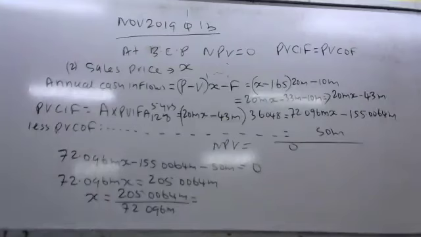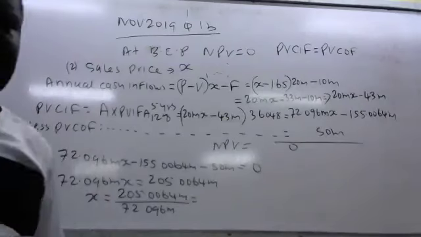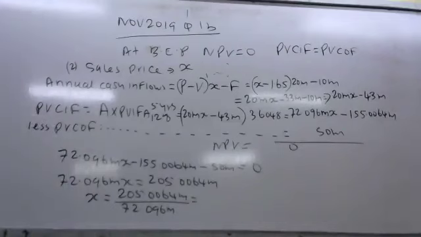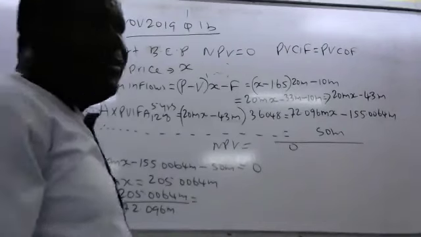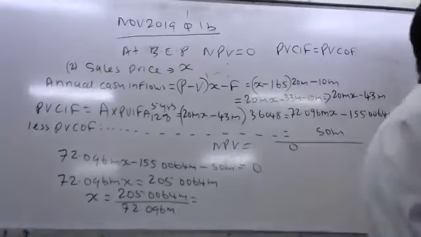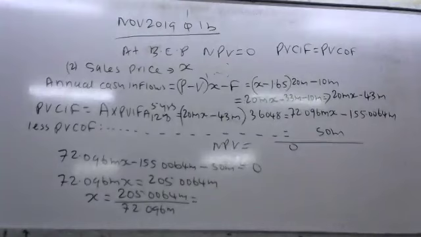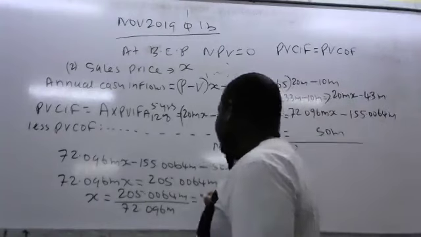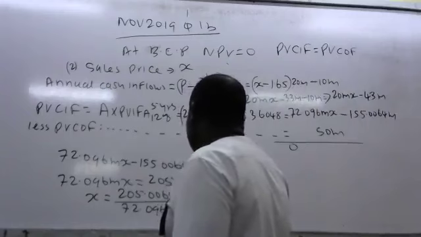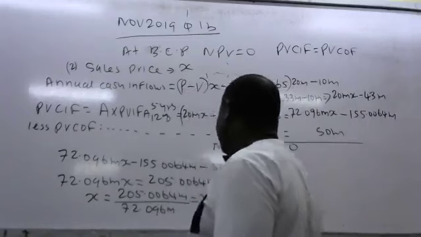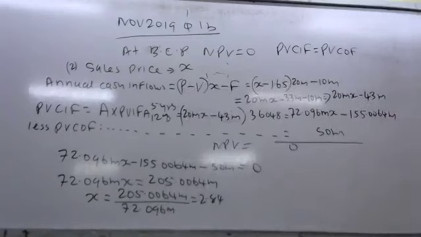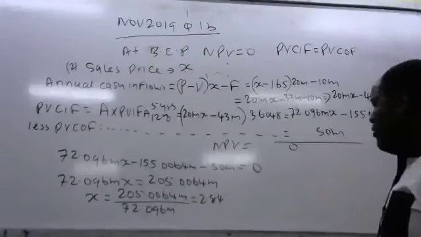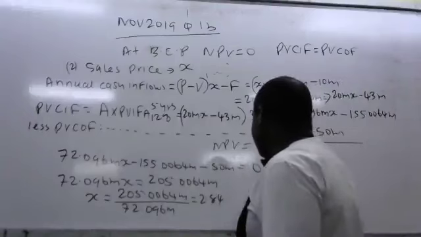Our X, you can round it off to 2 decimal places because the variable cost was in 2 decimal places. So this one should be 2.84. So we get the percentage change now in that variable.